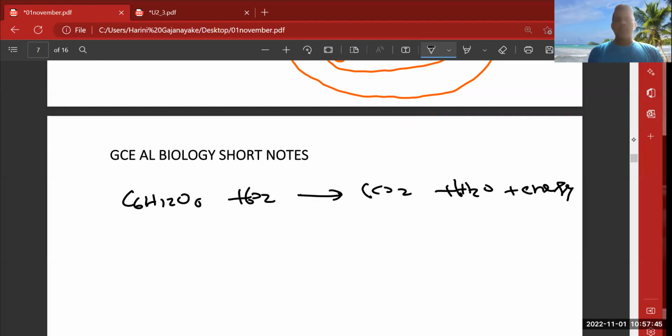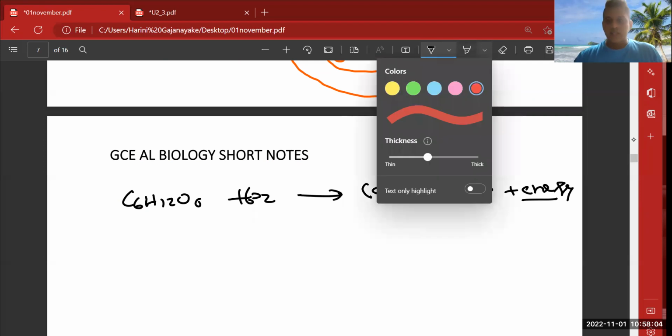So this was the original reaction we learned at the primary level, but now we know why oxygen is important, where carbon dioxide is produced, where water is produced, where the ATP is produced, and what happened to the glucose molecule. End. Aerobic respiration is over.